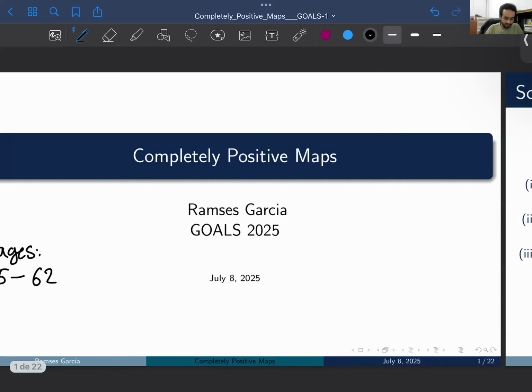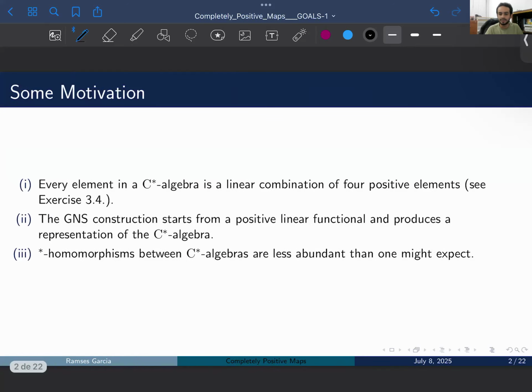Before starting with the definitions, I would like to talk about some motivations for studying these maps. Something you already know is that every element in a C*-algebra is a linear combination of four positive elements. So, in particular, the span of the positive elements generates the whole C*-algebra.